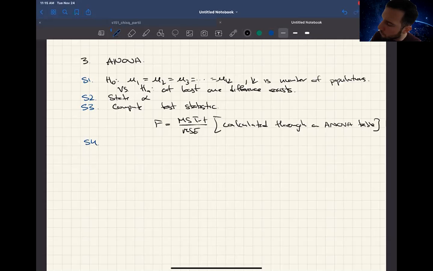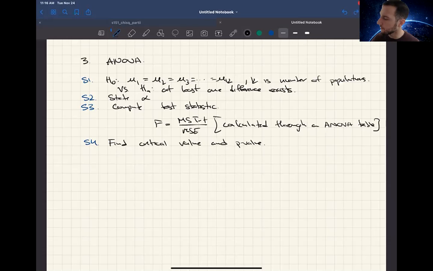Okay, so then on step 4, you find the critical value and p-value.